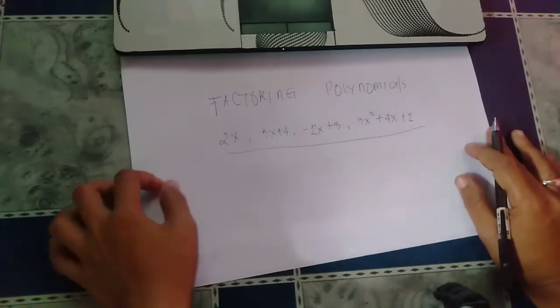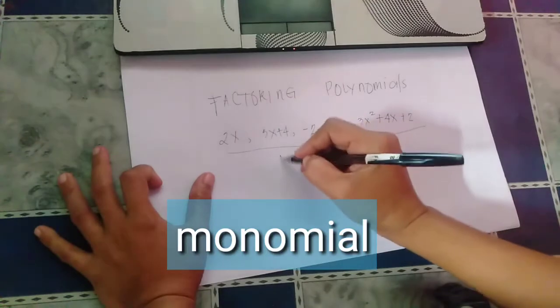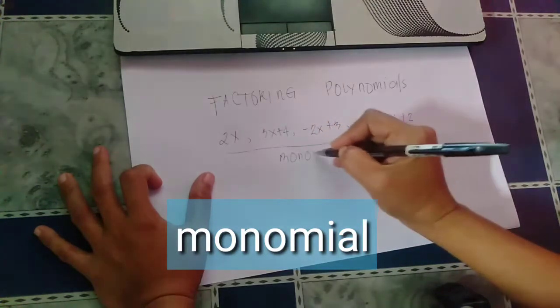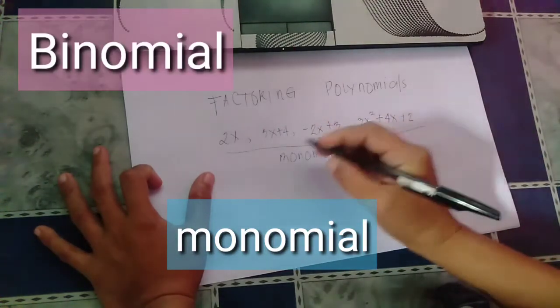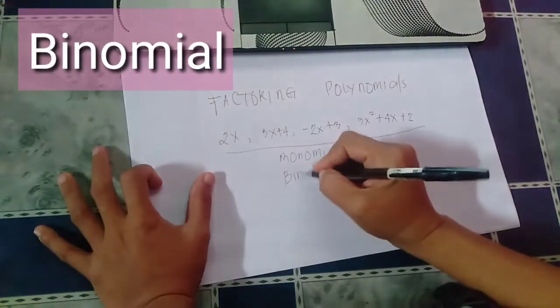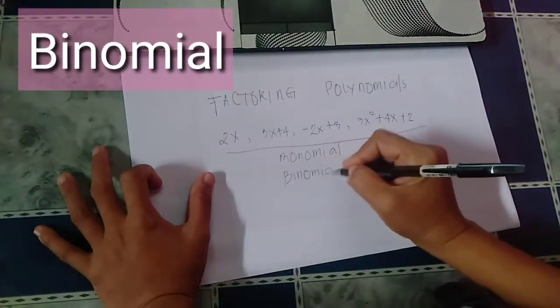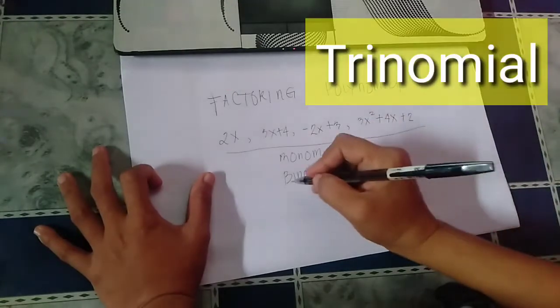Polynomials can be classified as monomial, binomial, and trinomial.